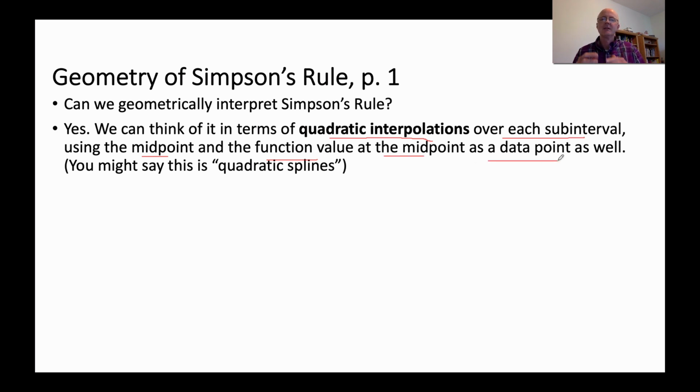So now, it's kind of like we're combining the data points, the nodes, for the left, right, and trap with mid. The nodes that we use for the left, right, and trap rules are 0, 0.5, and 1. The nodes we used for the midpoint rule, the sample points, so to speak, were 0.25 and 0.75.